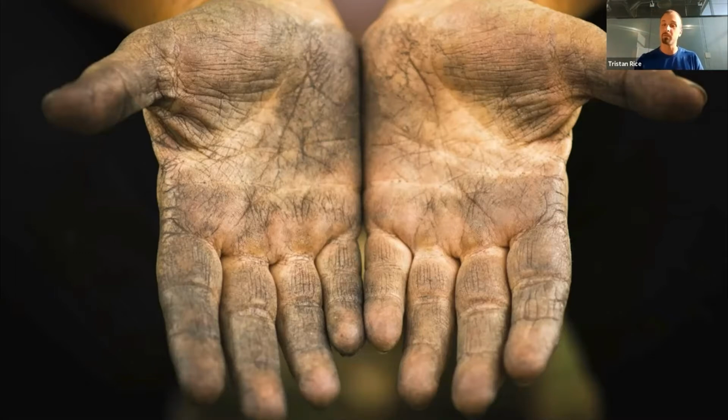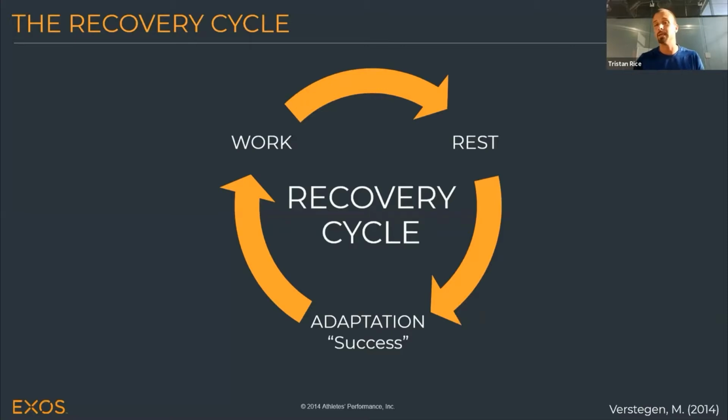Fundamentally, we've understood this for quite some time as the recovery cycle: it's not work plus work, and it's also not rest plus rest, but rather it is the balance of work and rest that results in the adaptation or the success, as we've called it before.